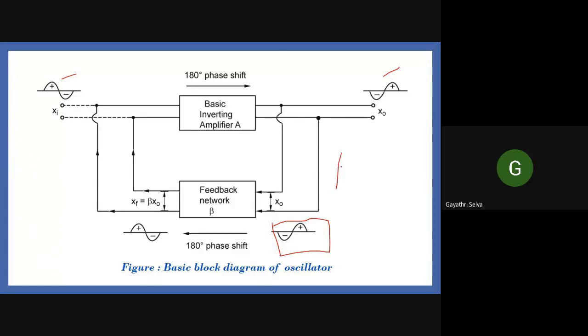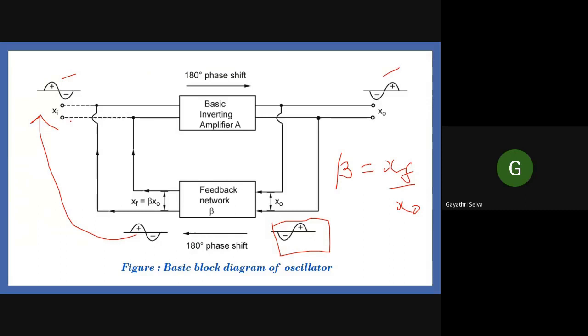We have taken a portion of the output and fed it as an input to the feedback network, whose feedback factor beta is the output of the feedback network divided by the input of the feedback network. We don't know whether it is a voltage or current, so let it be denoted by X naught. Here, I should get the same phase as your already existing input signal.